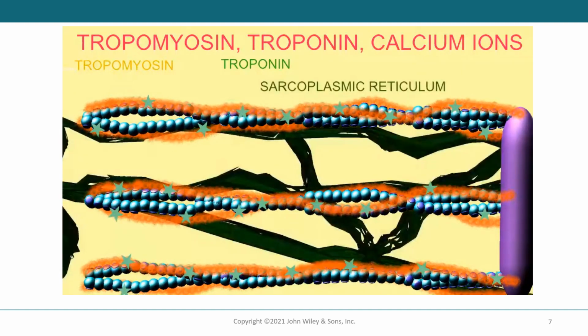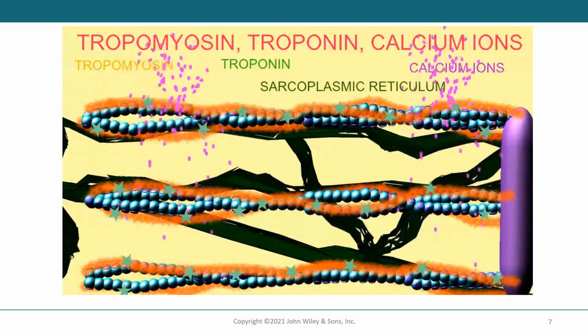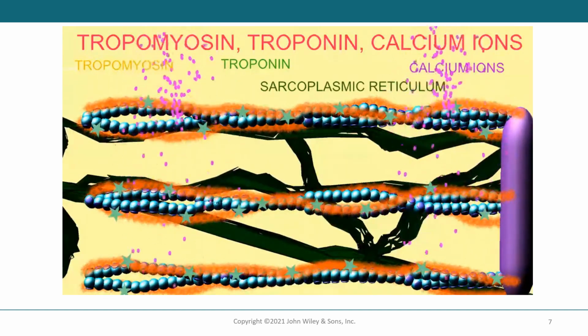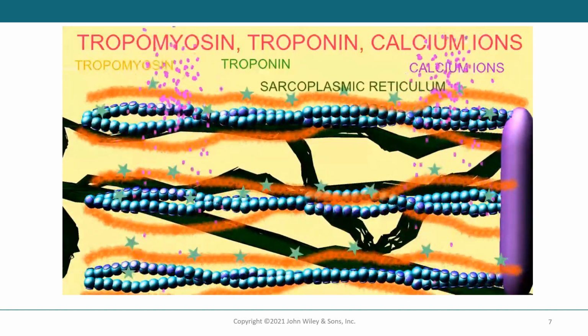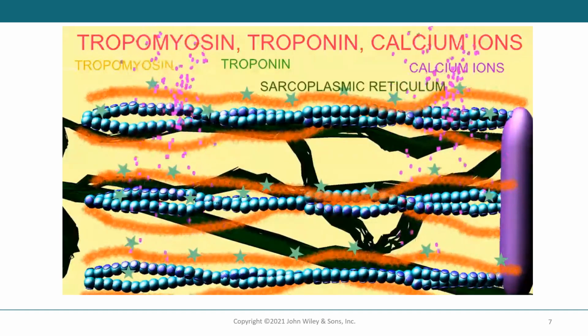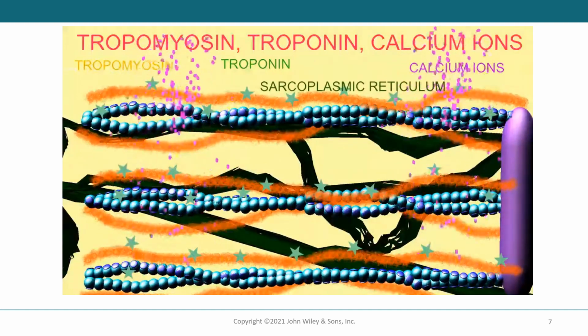When calcium is released from the sarcoplasmic reticulum, which covers the sarcomere, the calcium can bind to the troponin and move tropomyosin out of the way, which then opens the active sites of actin so that myosin globular heads can form cross bridges and initiate a contraction.